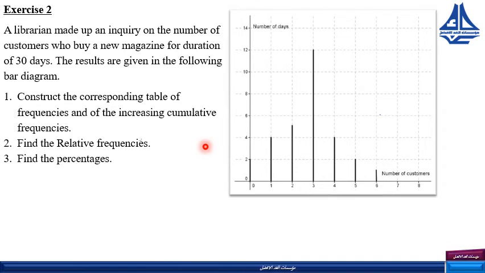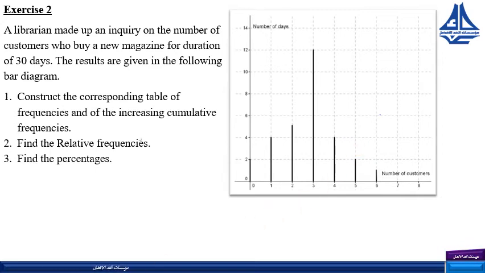So, we have on the x-axis the number of customers and on the y-axis the number of days. So guys, here the first question: construct the corresponding table of frequencies and increasing cumulative frequencies. 2. Find the relative frequencies. 3. Find the percentages.